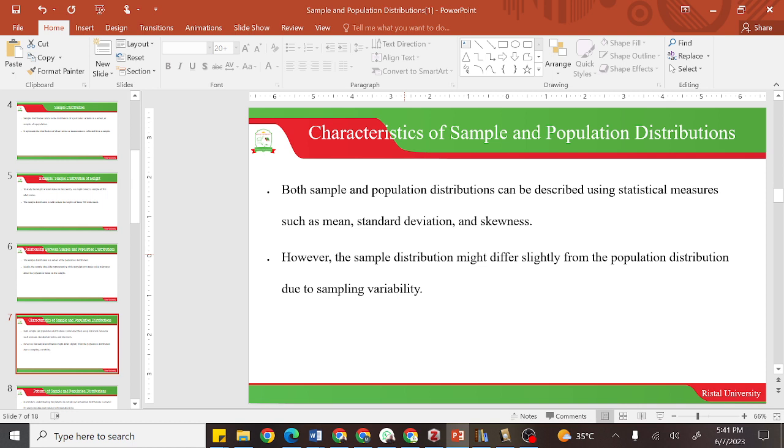But what you need to know is that the sample distribution may not be exactly like that of the population. This could be because of issues to do with sampling or sampling variability.